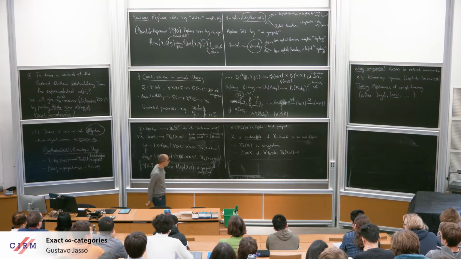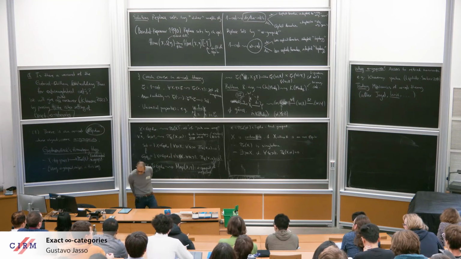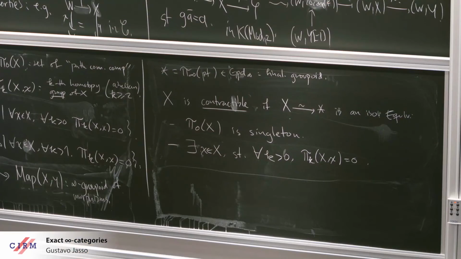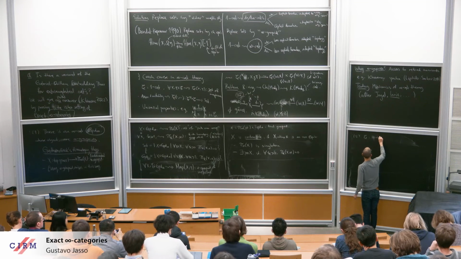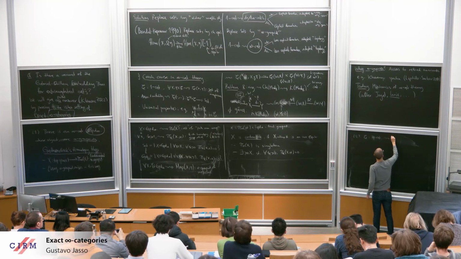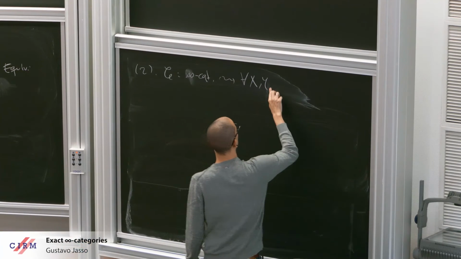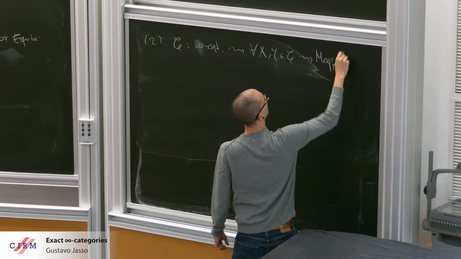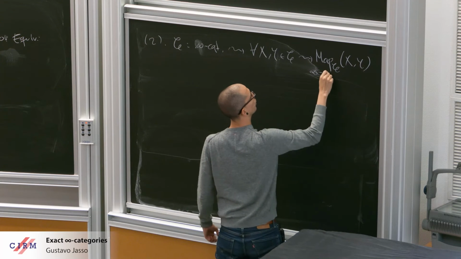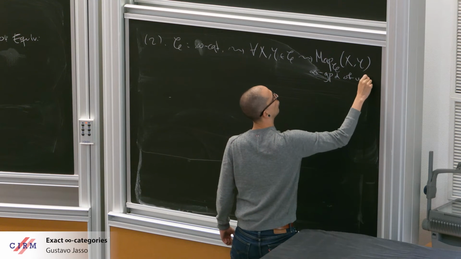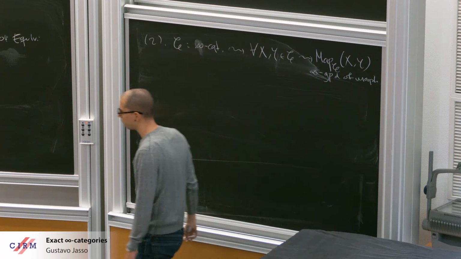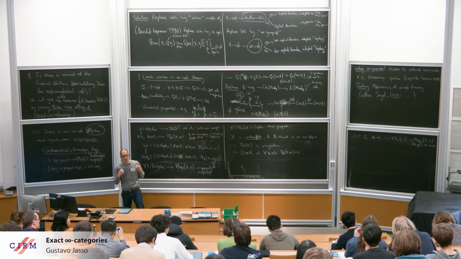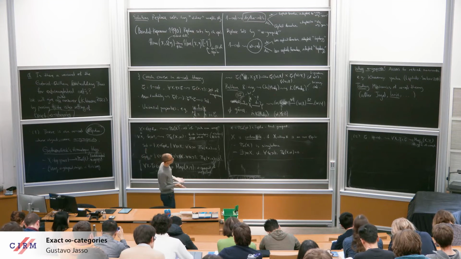Okay, so now more terminology. That was about groupoids. So what can I do if I have an infinity category? For every pair of objects, I have again an infinity groupoid of morphisms between them. Again, this is the idea that I want to replace the category of sets by the category of infinity groupoids.